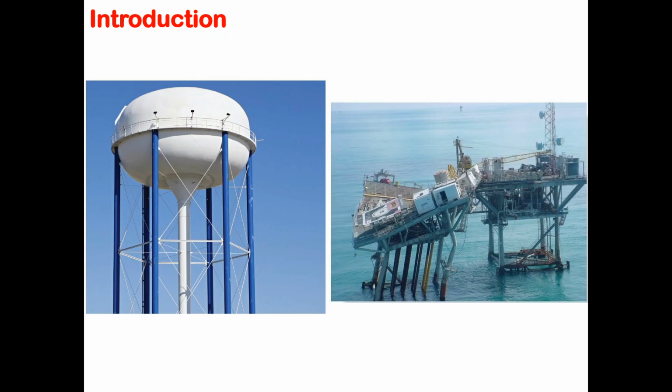Okay. Columns are very common. As you can see, an example of columns in this water tank here. And as an engineer, you just have to make sure that you remain within tolerable limits. You also see a failure of an oil rig.